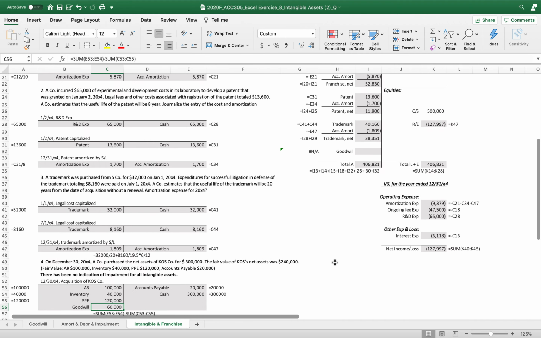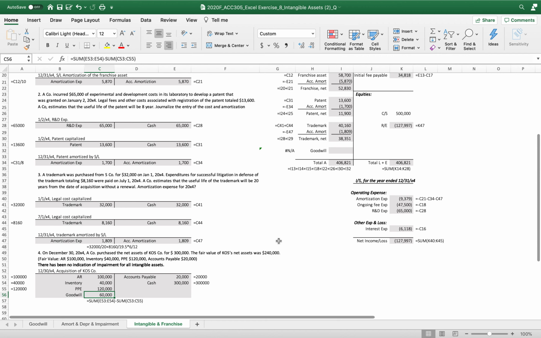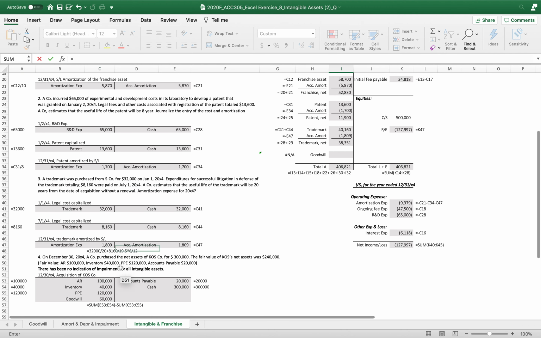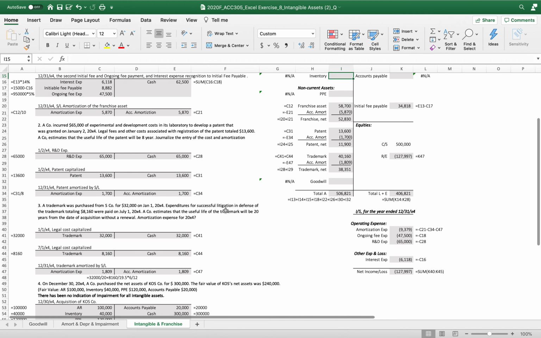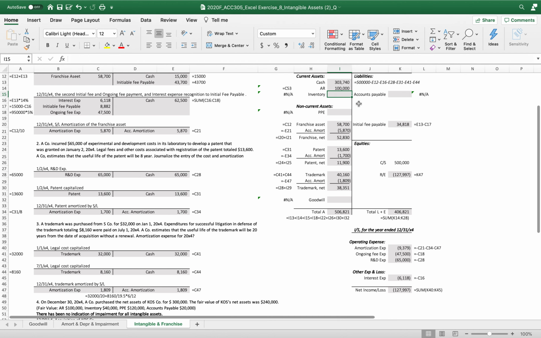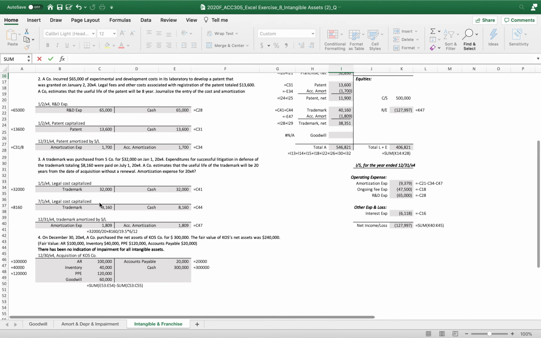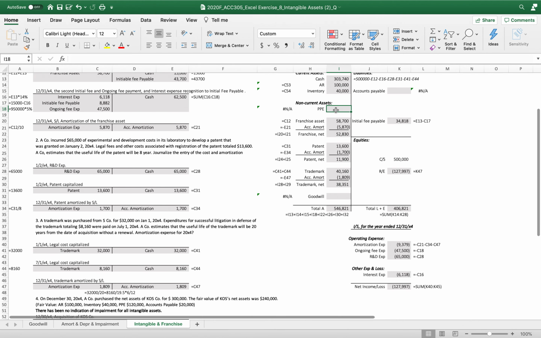Then let's record AR $100,000 and inventory $40,000. Then PP&E, we don't have accumulated depreciation because the acquisition occurred at December 31st, year 4.